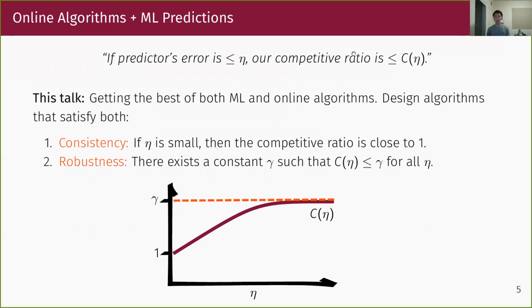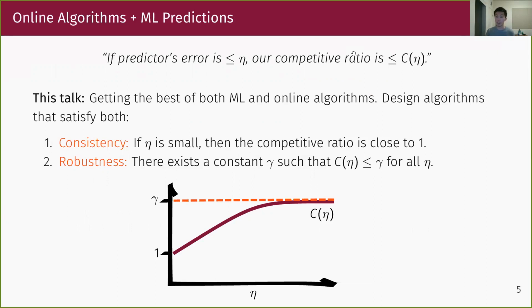To make this a little more concrete, I'll define two objectives that we want our algorithm to satisfy, and these objectives have been common to most of the recent work on learning augmented online algorithms. The first objective is consistency: if the prediction error eta is small, then we also have a small competitive ratio.